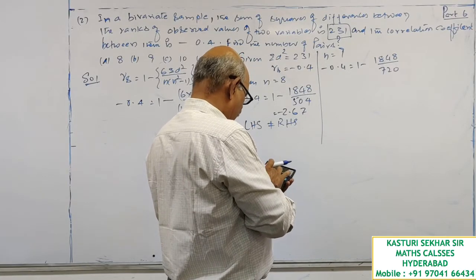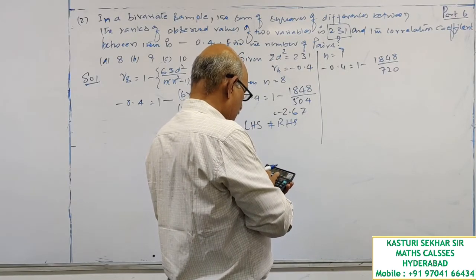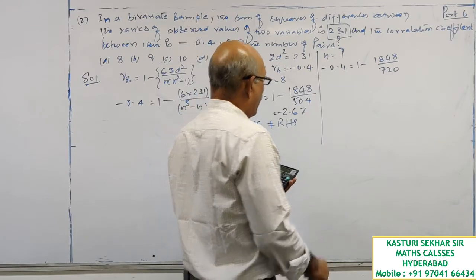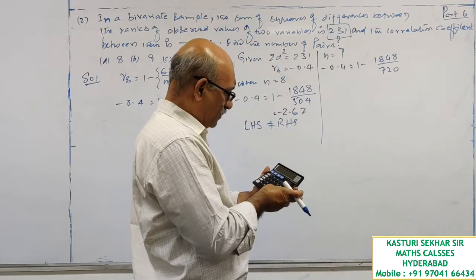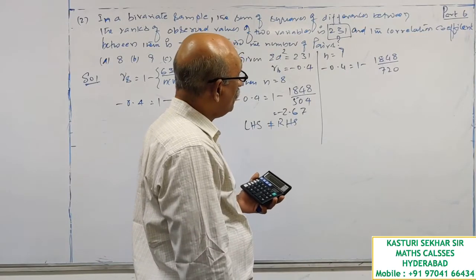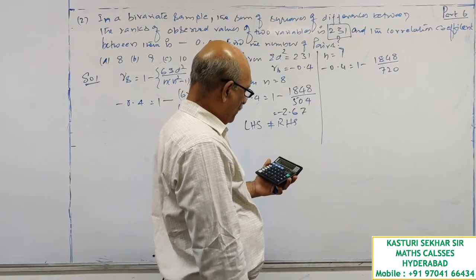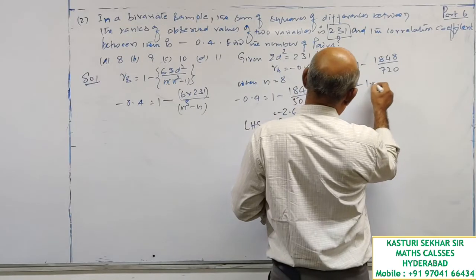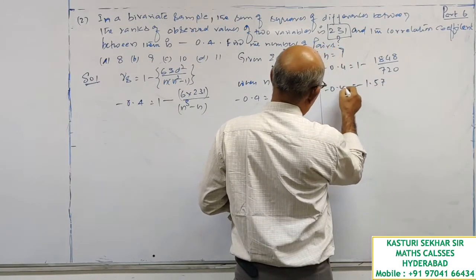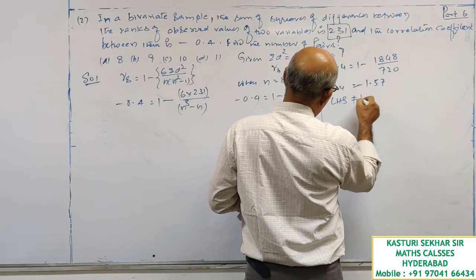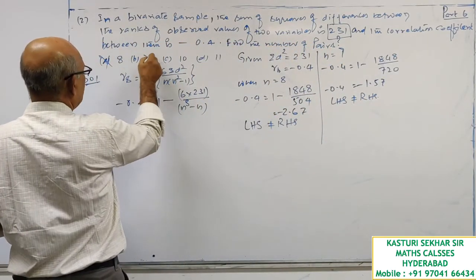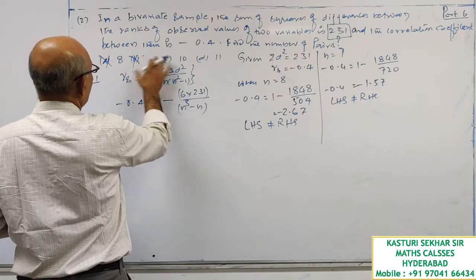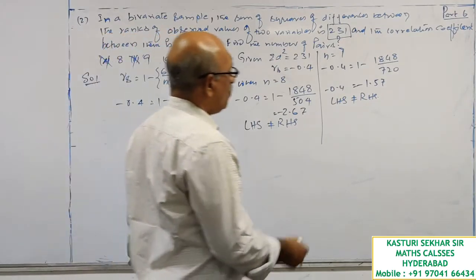That is 2.56, and 1 minus 2.56 is minus 1.56. LHS is not equal to RHS. So option A is wrong answer, option B is wrong answer. Let's go for option C.